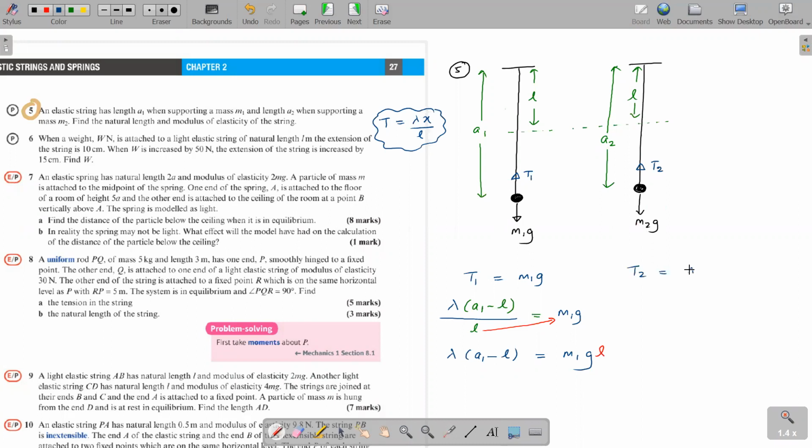Tension 2 equals M2G. So again, tension 2 is lambda x over L. Lambda, what is the extension? Extension is how much the string has stretched beyond its natural length. So that will be A2 minus L, isn't it? Lambda (A2 minus L) over natural length L equals M2G. So we can again do the same thing: lambda (A2 minus L) equals M2GL, because we move the L to the other side.